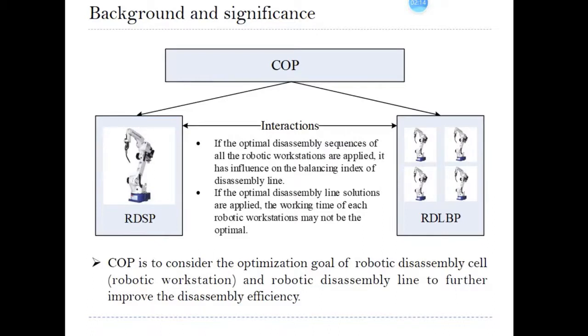The COP considers the optimization goals of the robotic disassembly cell and also the robotic disassembly line to further improve disassembly efficiency, and in the COP we consider the interactive relationship between the RDSP and the RDLBP.